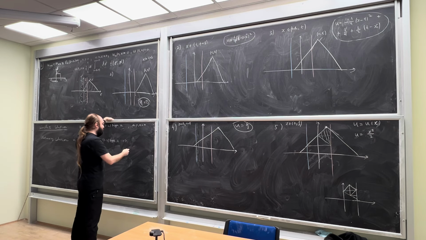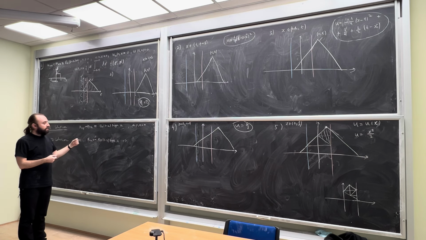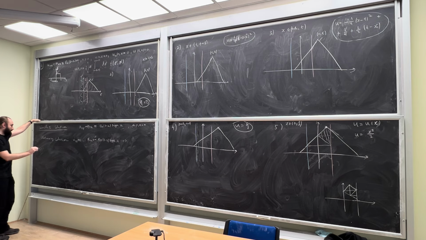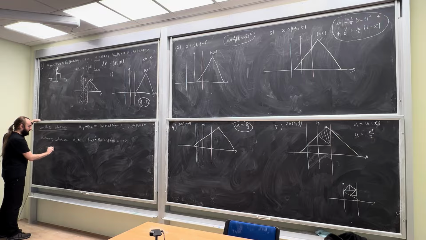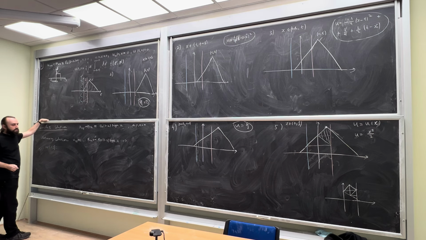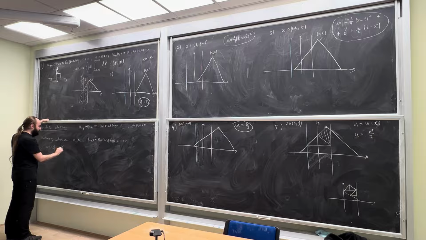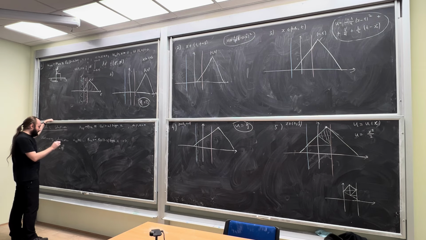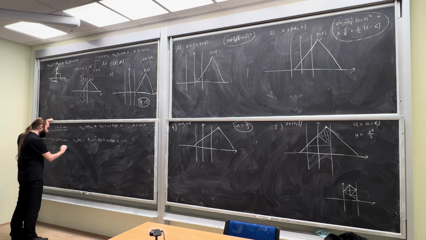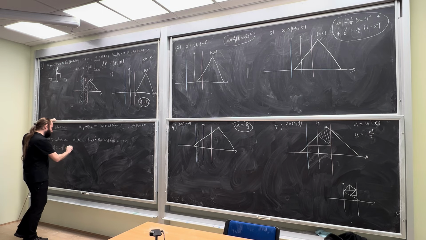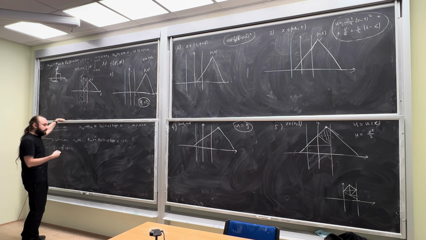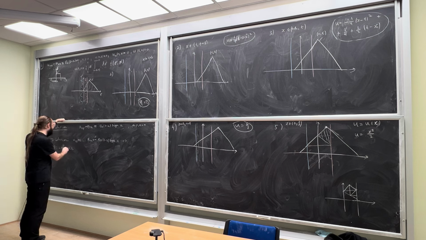This will equal, so when x is from minus 1 to 1, this equals minus x squared over 2. Times, yeah. That's all.